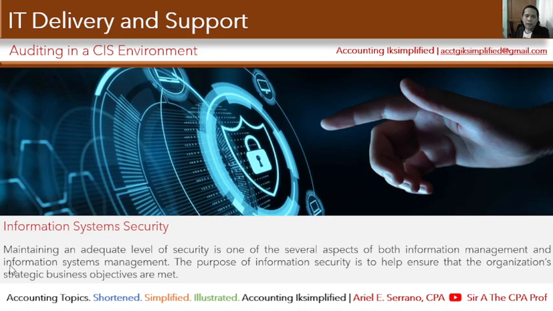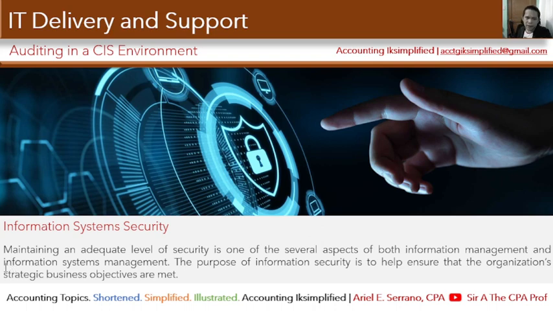Now, in an information system environment, critical ang security because, okay, ito yung mag-safeguard sa lahat ng mga resources for the company, whether hardware, software, or even the information or the instructions or the data available to us, okay, being part of the organization.